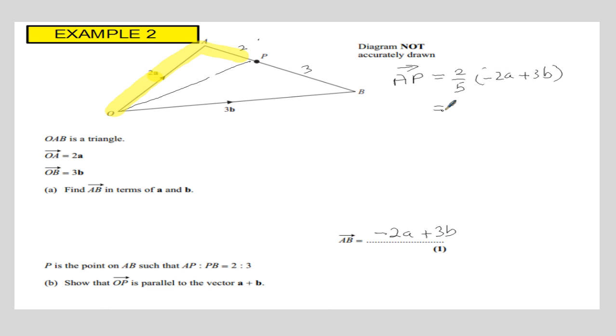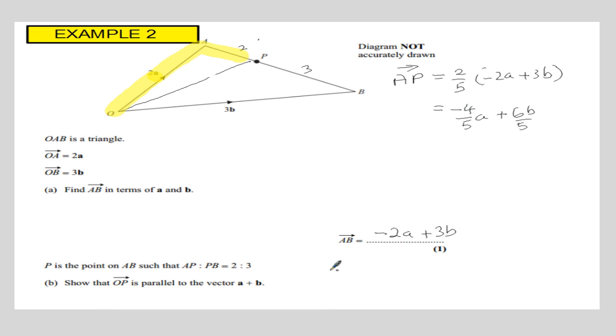Let's just tidy that up. So 2/5 of this gives me minus 4/5 of A plus 6/5 of B. So we've got that expression for AP.